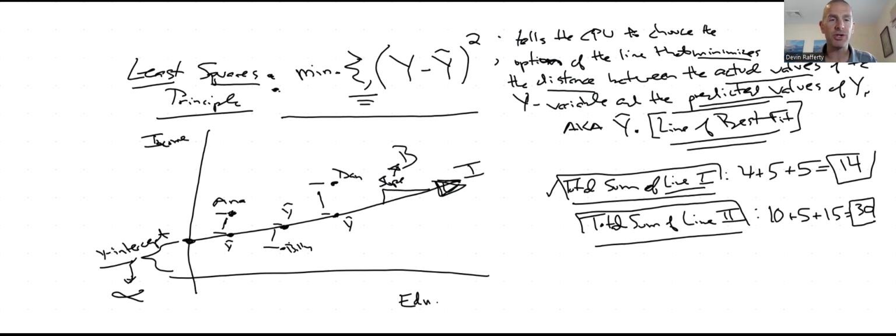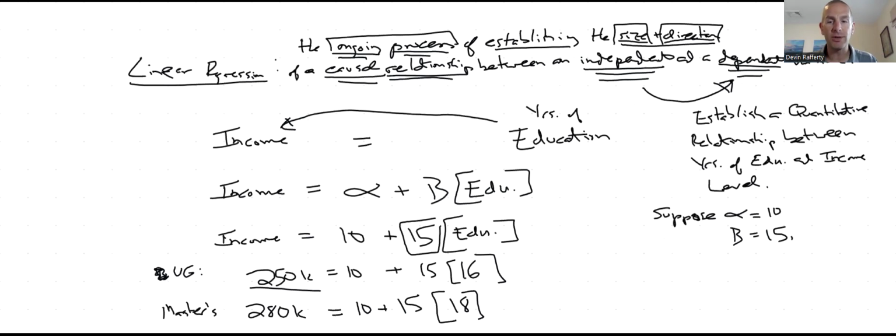Those two numbers, which I made up as 10 and 15, you can plug right into a linear regression equation where you have alpha and beta. Alpha, I made 10, beta, I made 15.